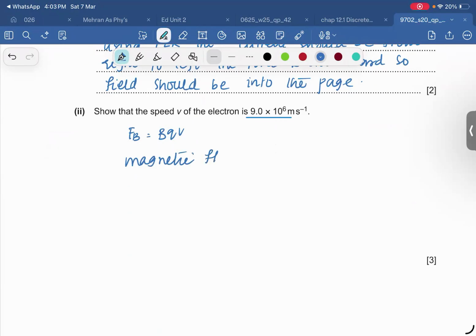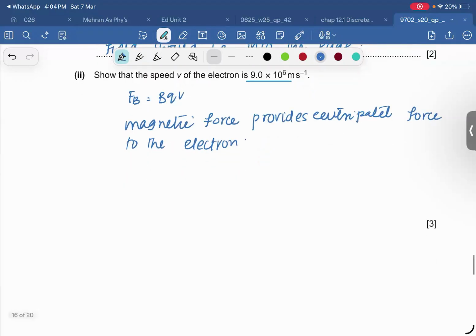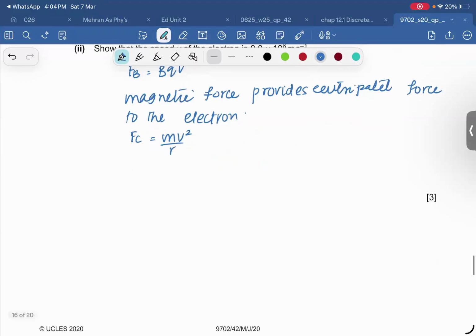Since it's a show-that question, you have to write everything. So the magnetic force provides the centripetal force to the electron. Fc is equal to mv squared over r, and we can equate that.